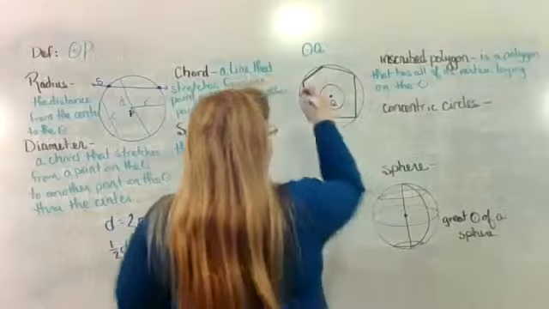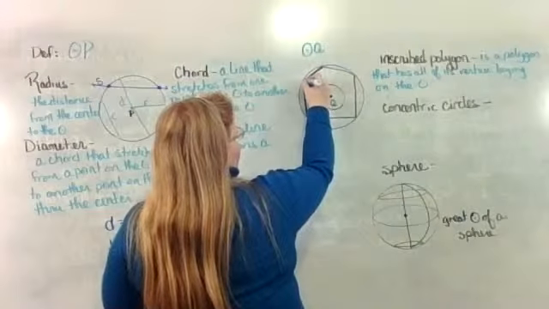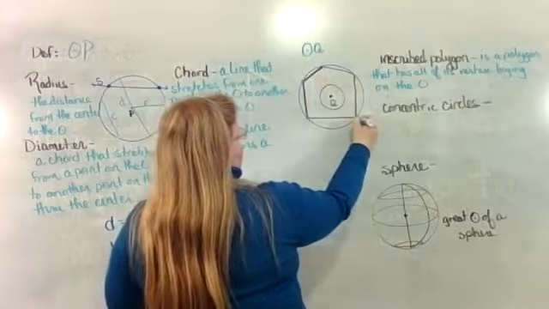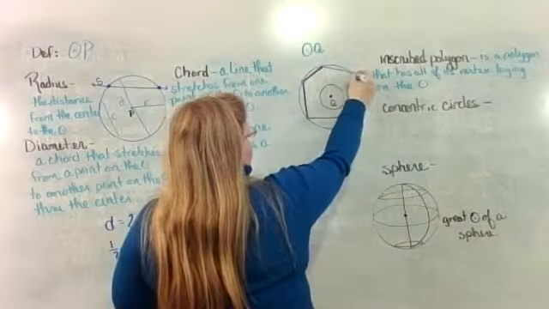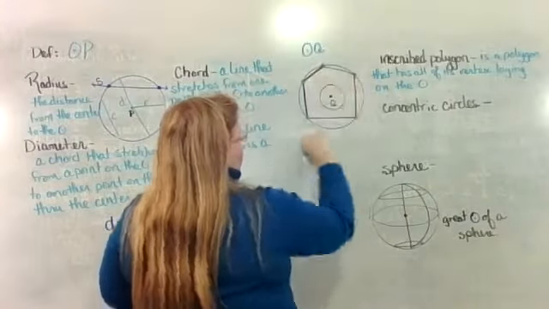So everywhere those vertices appear of this polygon is where it's touching the circle. So every vertex is touching the circle.